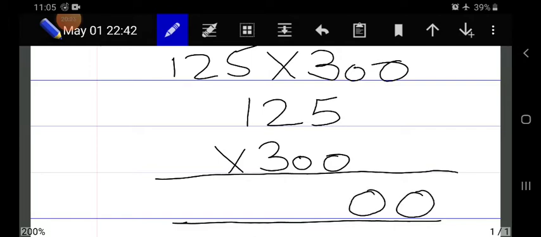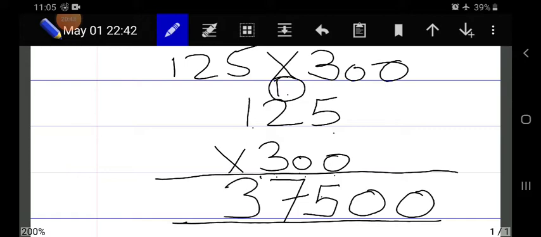Now just forget these two zeros, and let's do all the multiplication with 3 only. 3 5s are 15, 5 is here, and 1 will be carried to the next number. 3 2s are 6 and 1 is 7. Now 3 1s are 3. So the answer is 37,500. I hope it is clear how you have to do the multiplication.